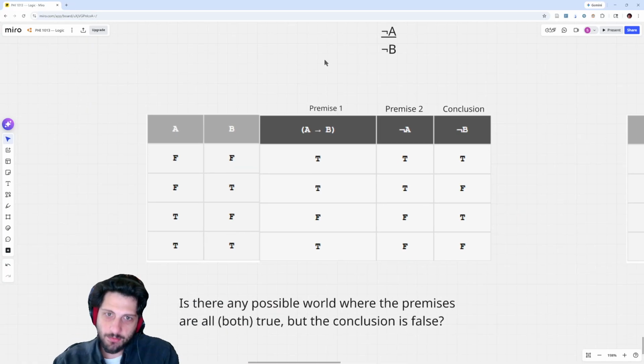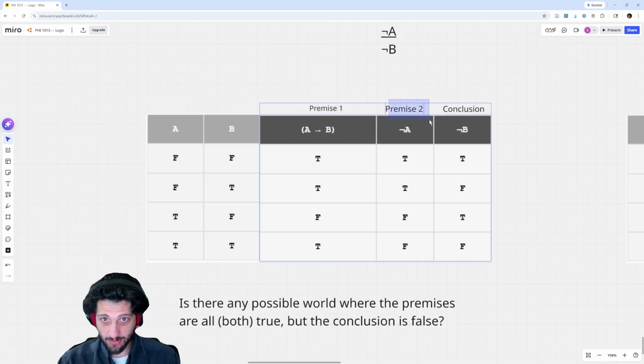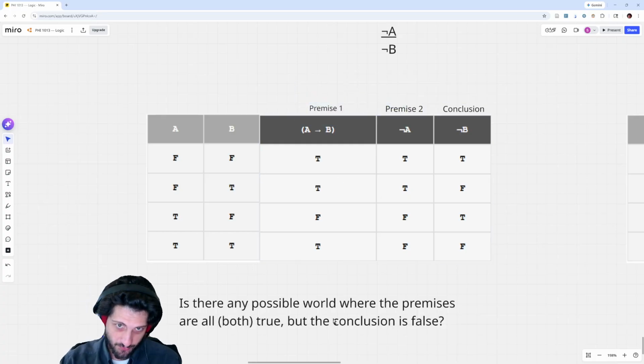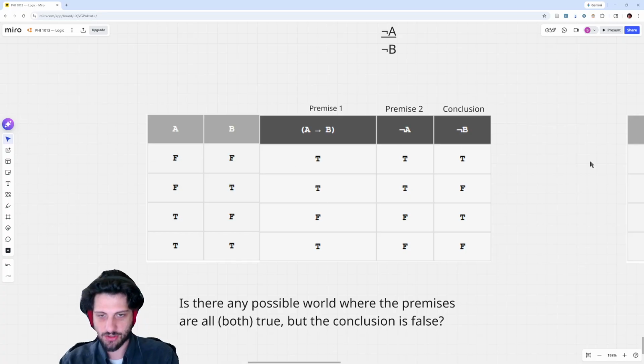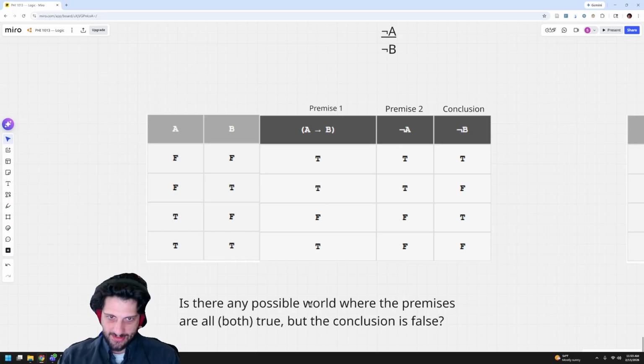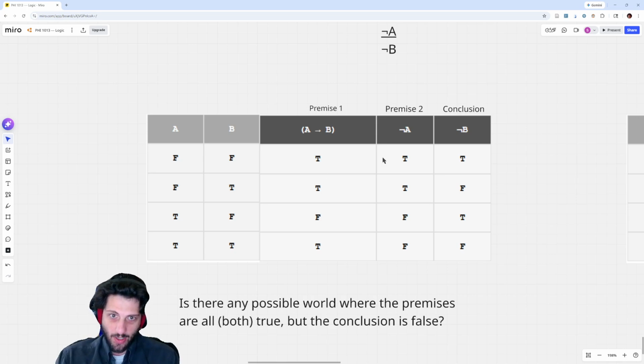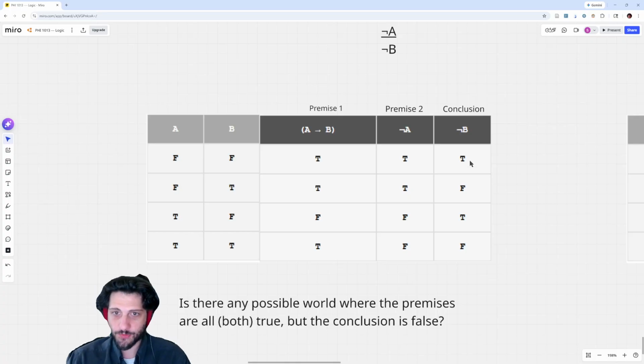So I've got my one premise, I've got my other premise. I've already filled out this truth table. It's pretty straightforward, I'm just doing my conditional and my negations. And now I just want to see, in world 1, one premise is true, the second premise is also true, and the conclusion turns out to be true also. So I'm happy there.